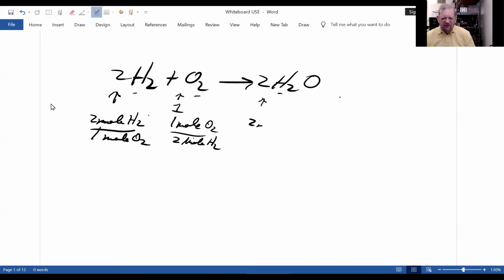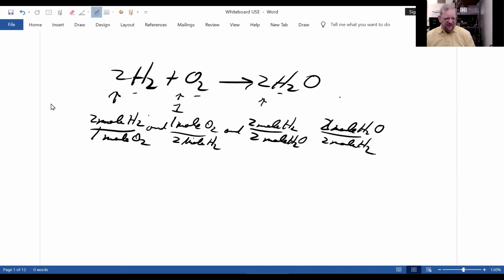For every 2 moles of hydrogen, I make 2 moles of water. And I can also, and these are not equal, these are separate relationships, I can also say for every 2 moles of water, I need 2 moles of hydrogen.